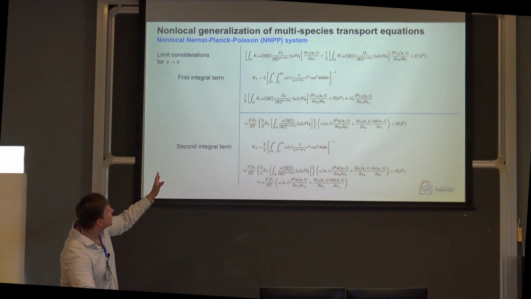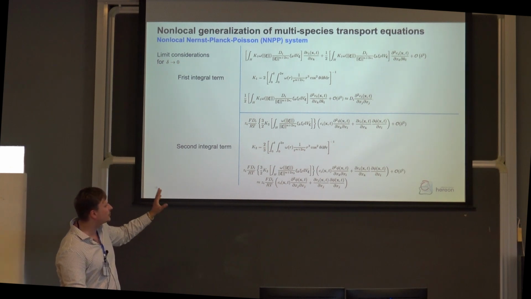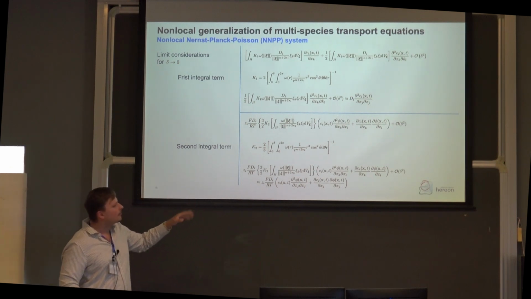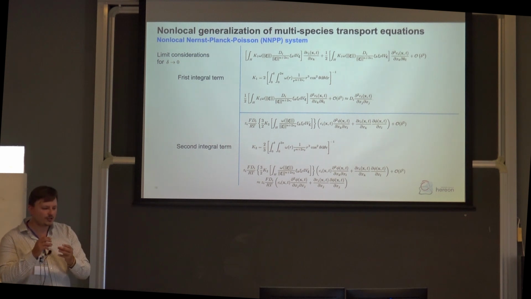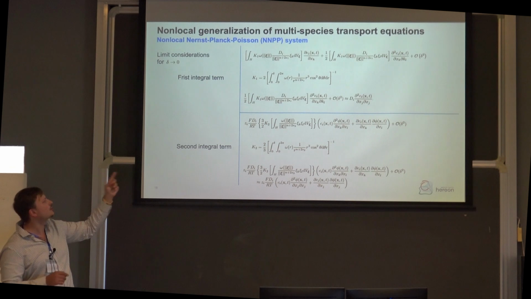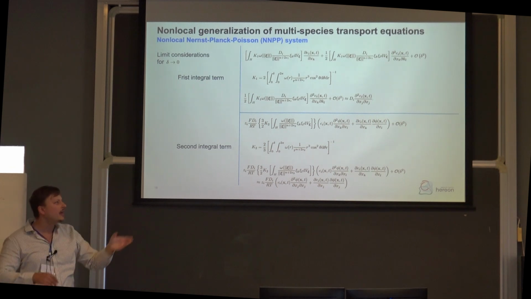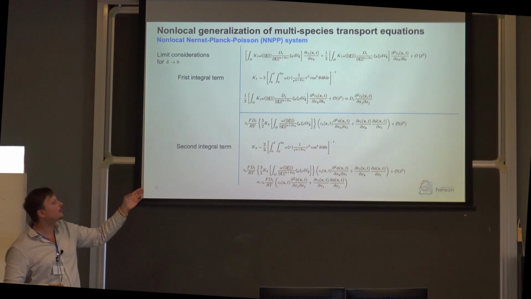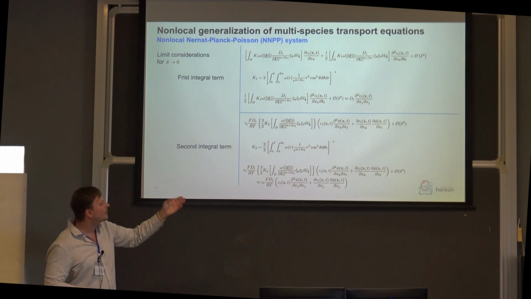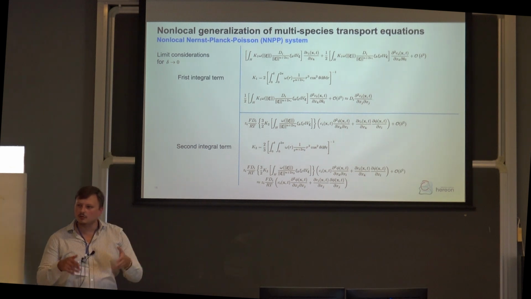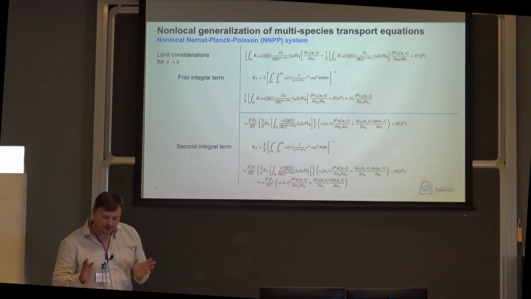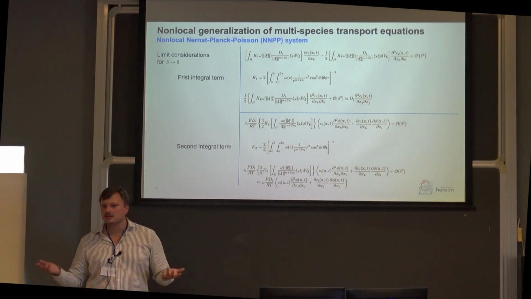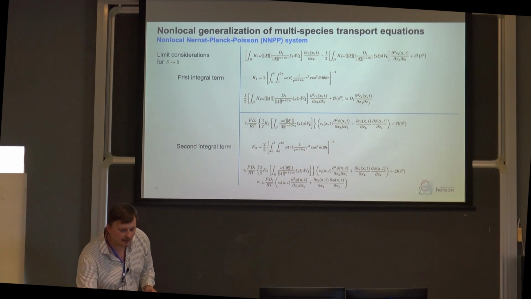We also show that in the limit of vanishing non-local interactions, so as delta shrinks to 0, in the leading term, all the contributions recover the classical local equations. So it behaves as it should. In the limit, it should recover the classical traditional equations that we're dealing with.